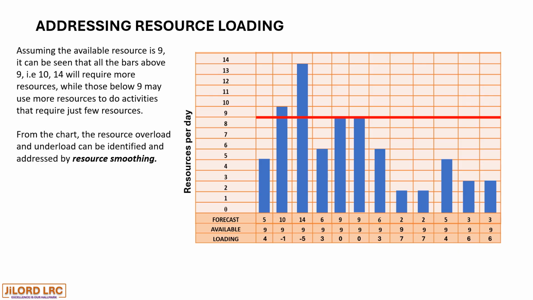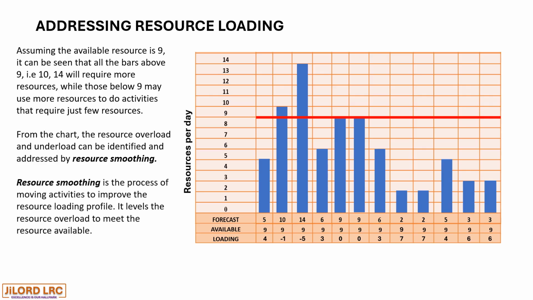For subsequent days from day 4 to day 12, we will require the use of fewer resources, even though the amount of resources available is 9. And therefore, those can affect the company's profitability, because the 9 resources will be paid, but only few will be used to complete the activity.